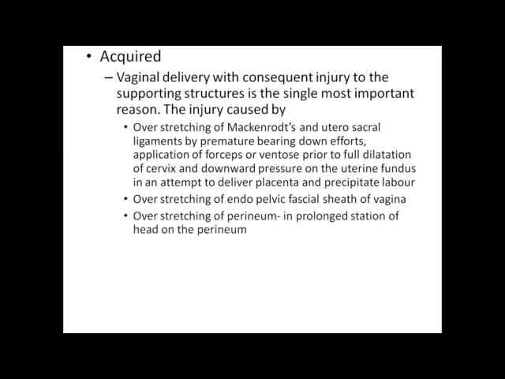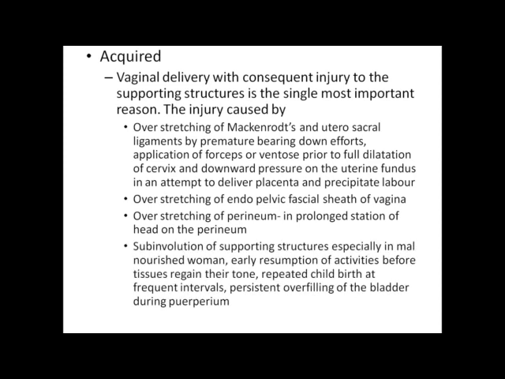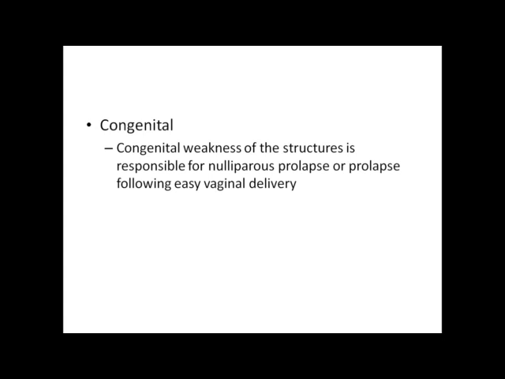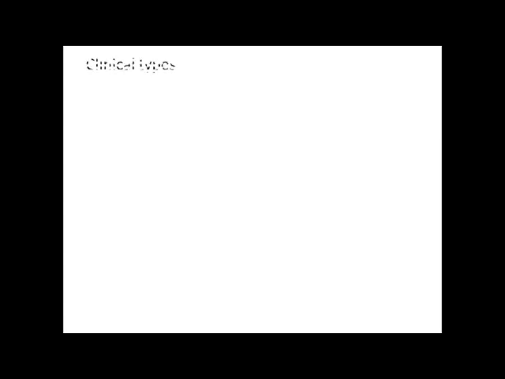Overstretching of the perineum in prolonged station of the head on the perineum, subinvolution of supporting structures, especially in malnourished women, early resumption of activities before tissues regain their tone, repeated childbirth at frequent intervals, persistent overfilling of the bladder during puerperium. Congenital: congenital weakness of the structure is responsible for nulliparous prolapse or prolapse following easy vaginal delivery.